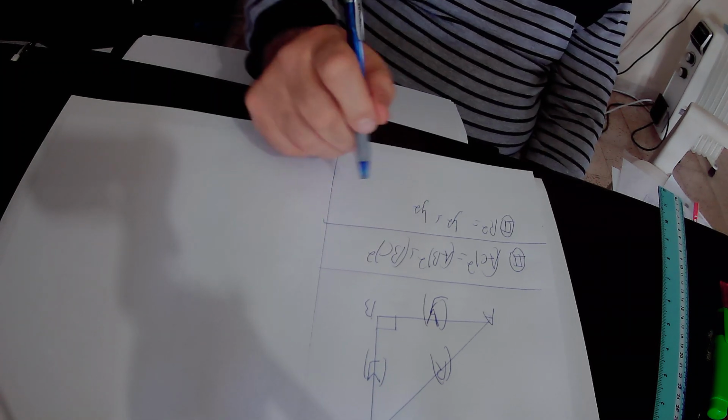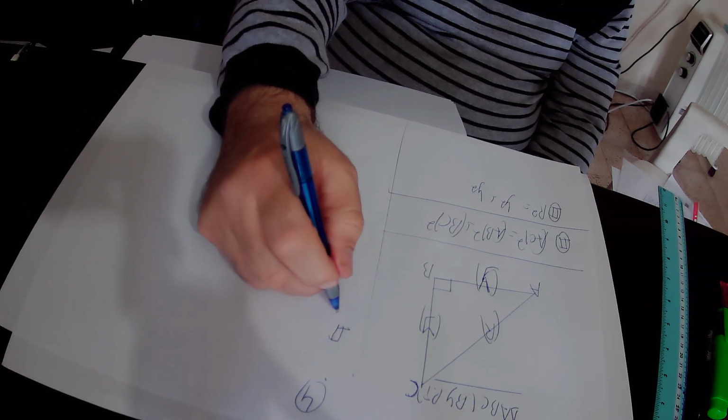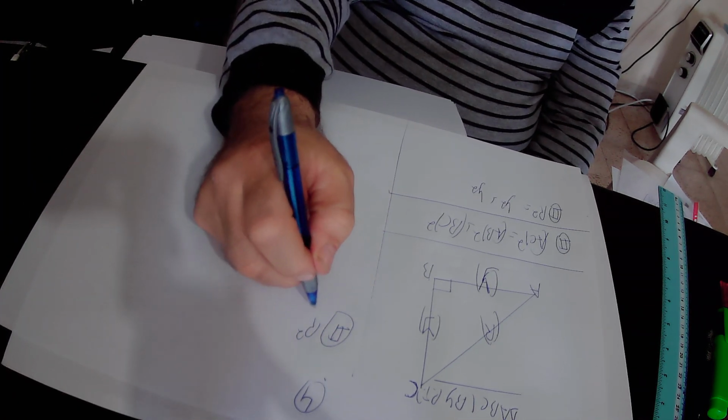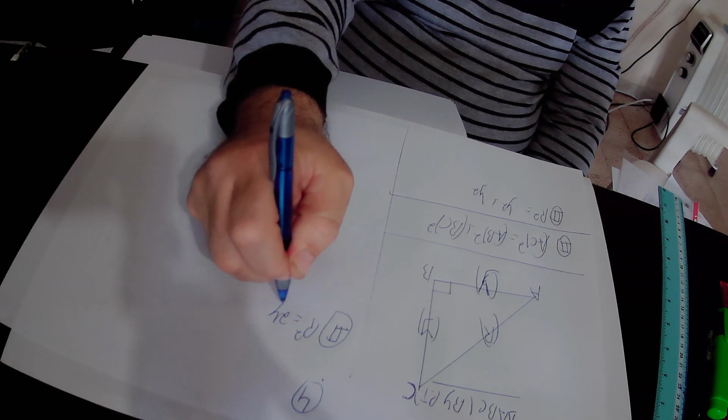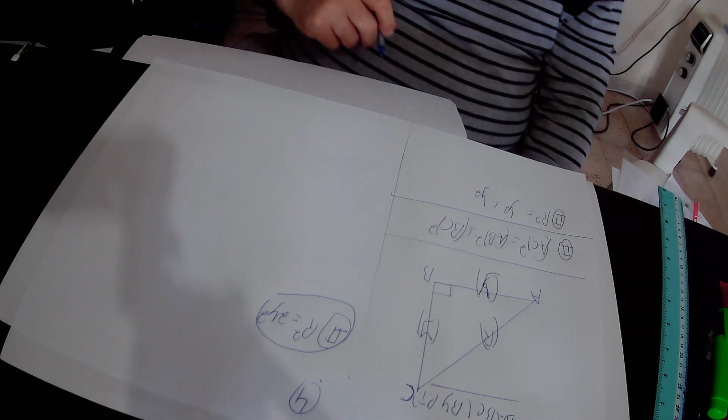So according to equation 2, we found out that R squared equals Y squared plus Y squared, that is 2Y squared. This is according to equation 2.